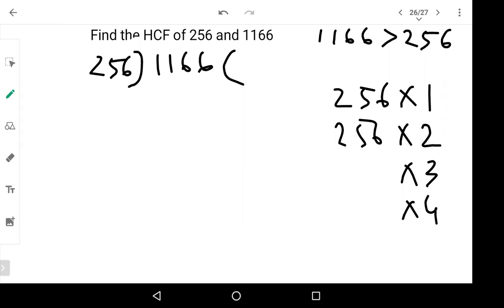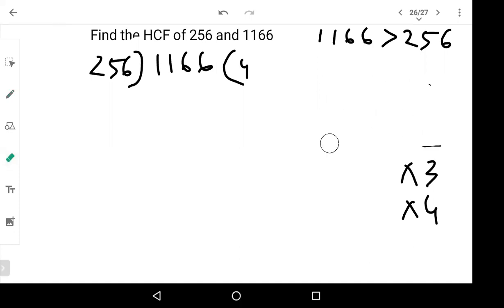How much do you get? 256 into 2 is 512. No. Let us check 3. 3 is 768. 4 is 1024. 5 will become too much. We will go with 4. 256 into 4 is 1024.